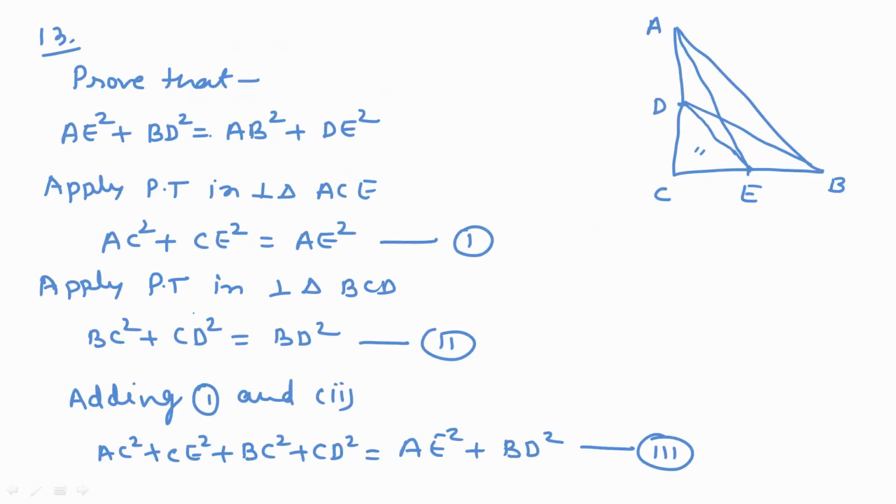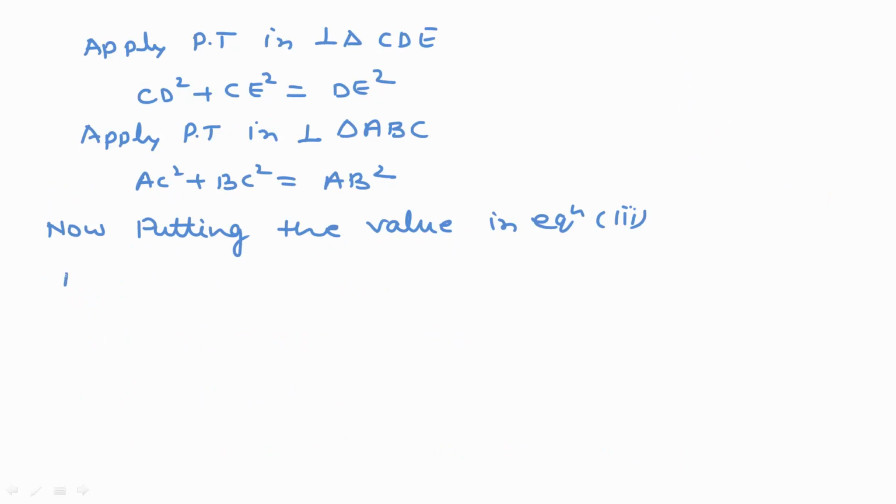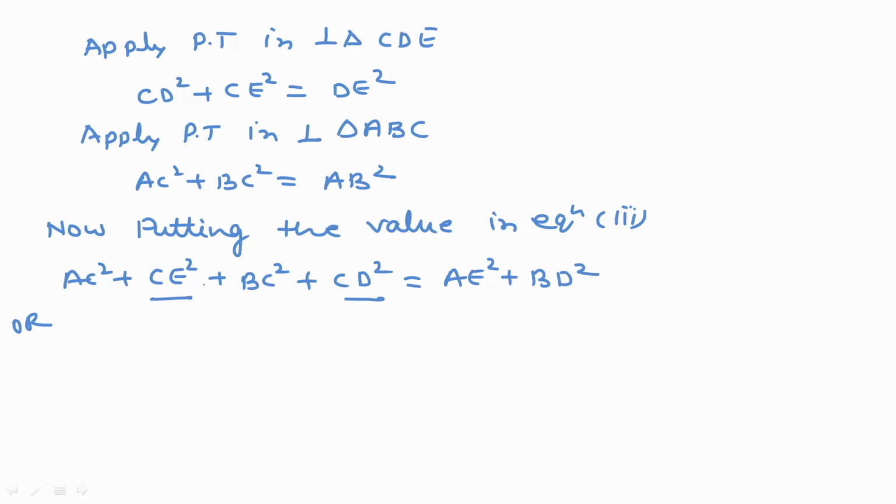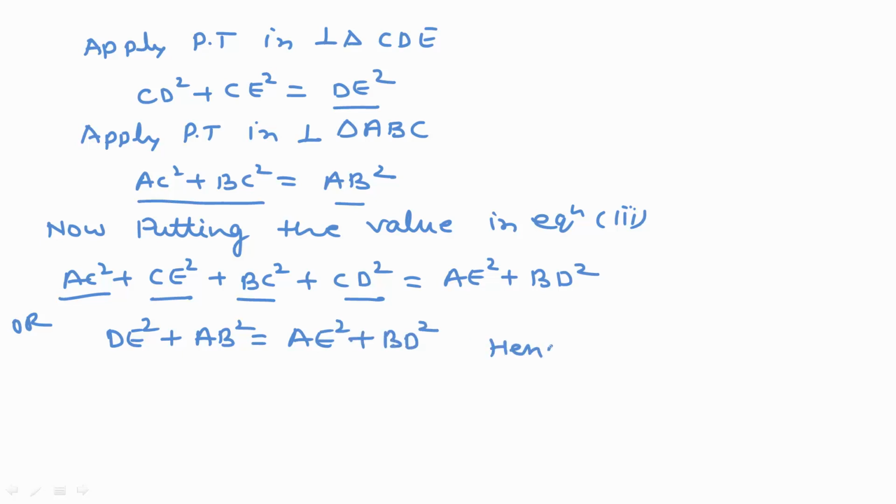The equation third is AC square plus CE square plus BC square plus CD square is equal to AE square plus BD square, or CD square plus CE square is equal to DE square plus AC square plus BC square is equal to AB square is equal to AE square plus BD square, and hence proved.